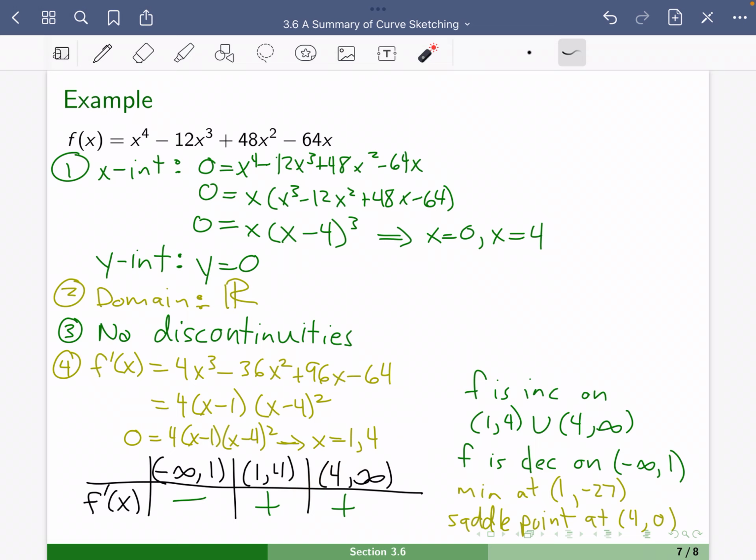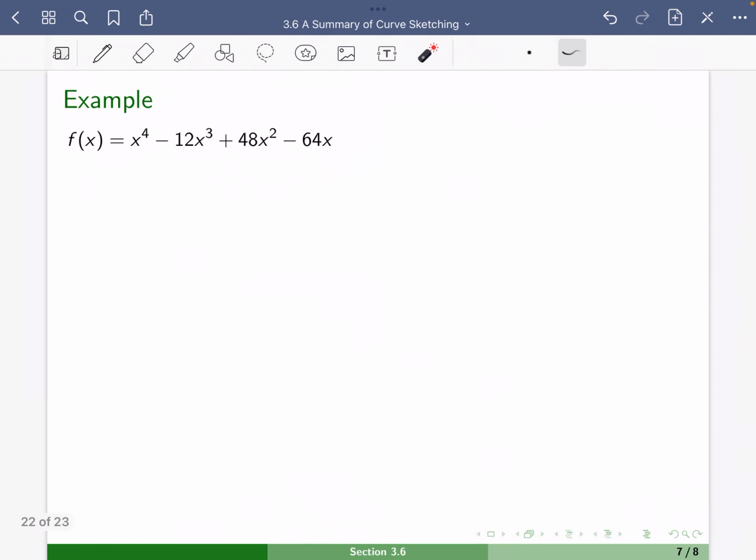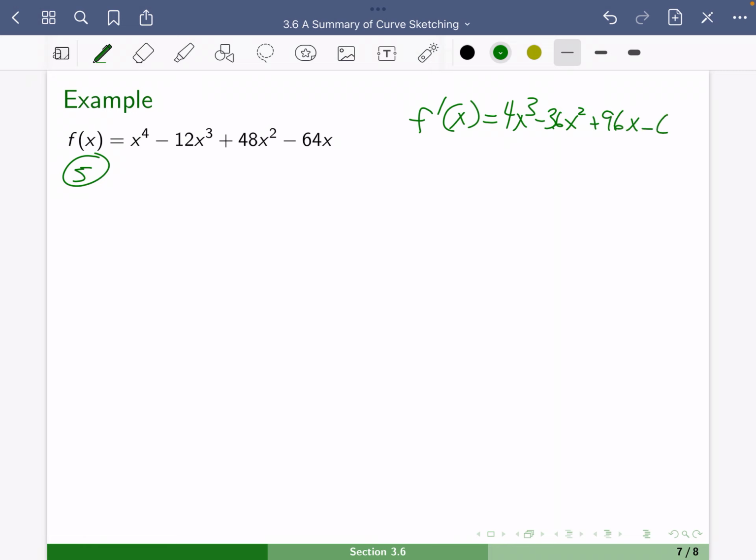All right, now we're going to look for intervals of concavity. So when is it concave up and concave down? Our first derivative was 4x cubed minus 36x squared plus 96x minus 64.